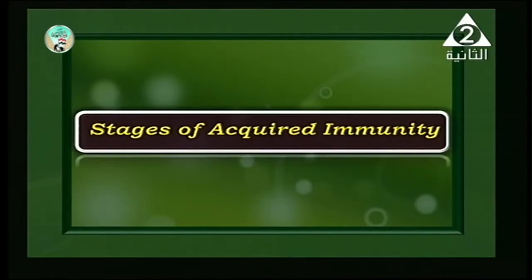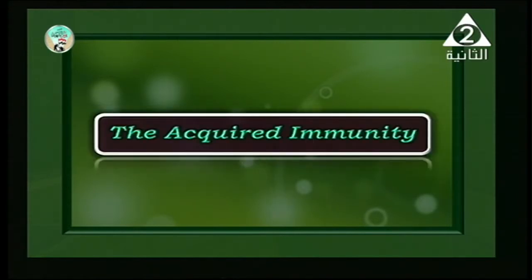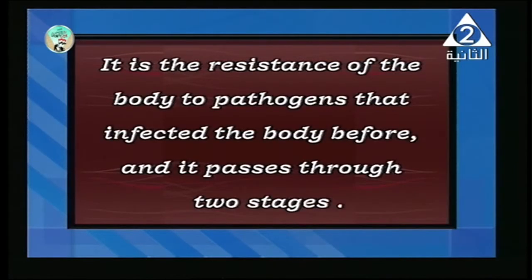Well, we have here the stages of acquired immunity. What are the stages of acquired immunity? Actually, we have two stages: the primary immune response and the secondary immune response. Acquired immunity is the resistance of the body to pathogens that infected the body before.